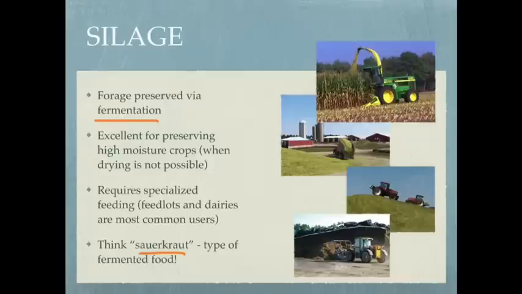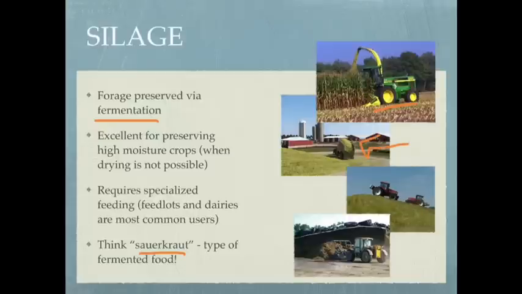When we talk about the silage process, the first step is going out into the field, and in this case, corn silage, they have a chopper that's chopping the whole forage. So it's the plant and the seeds and the corn on the cob, everything is getting chopped up into a wagon, and that wagon will be coming in, like in the second picture, and dumping it in front of a bunker.